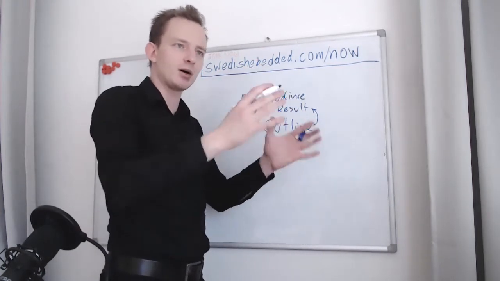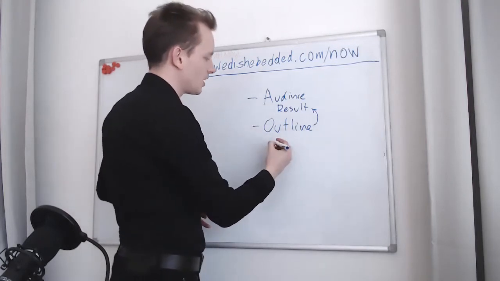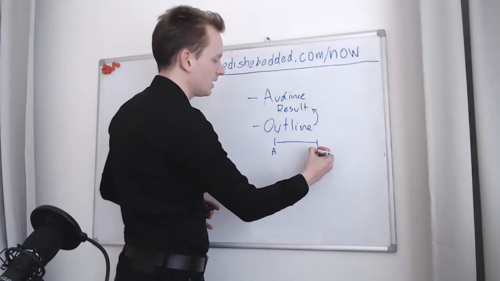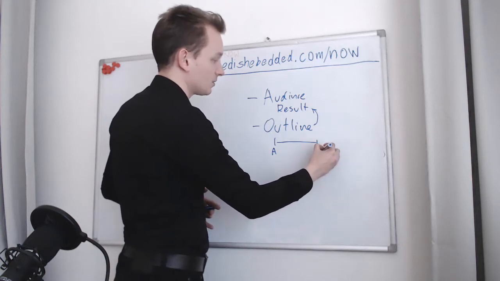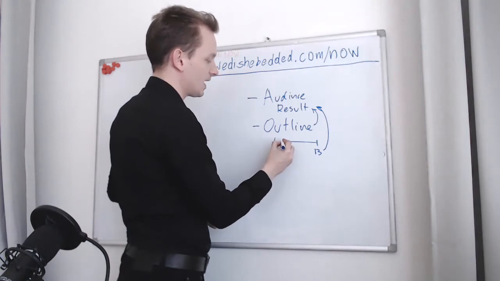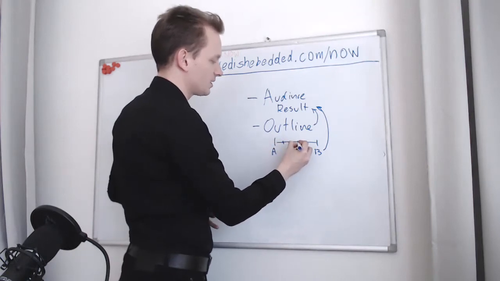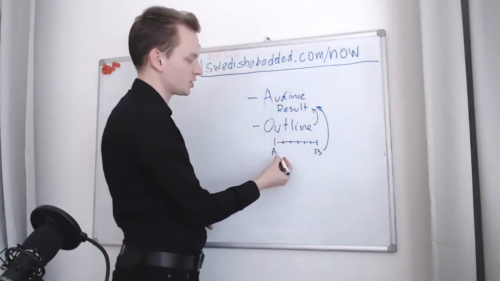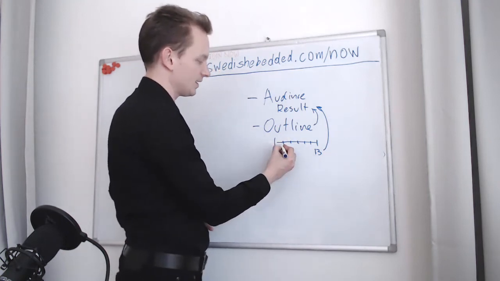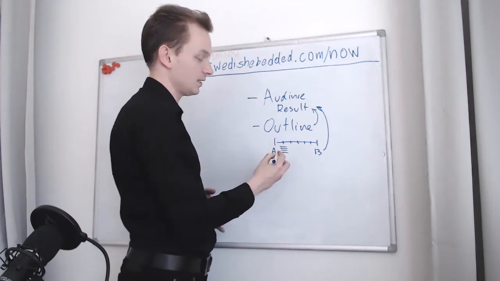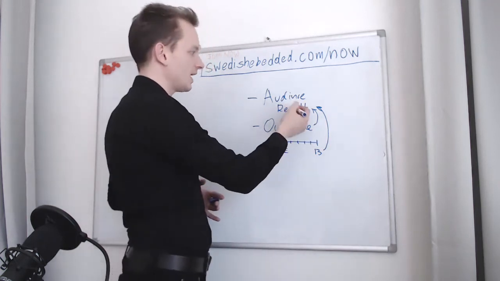You just put out an outline for the steps that are required to take this customer from point A to point B, where B is the result that they want, and point A is where they are right now. So this outline outlines the milestones on the way from their current situation to their desired situation. And on each milestone, you then outline steps that they need to take in order to get there.